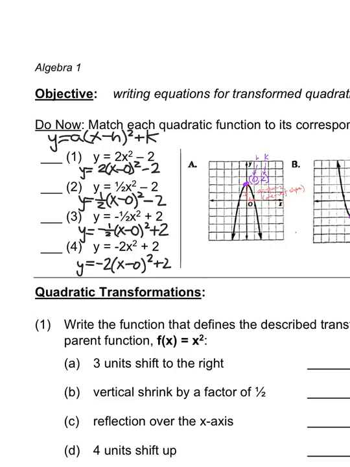So each one of these values here constitutes the h value, so no help there. But the k value is equal to 2. That happened here and here. So I'm just looking for the one that has an a value of negative 2, and so I now know that graph A matches up with equation 4.